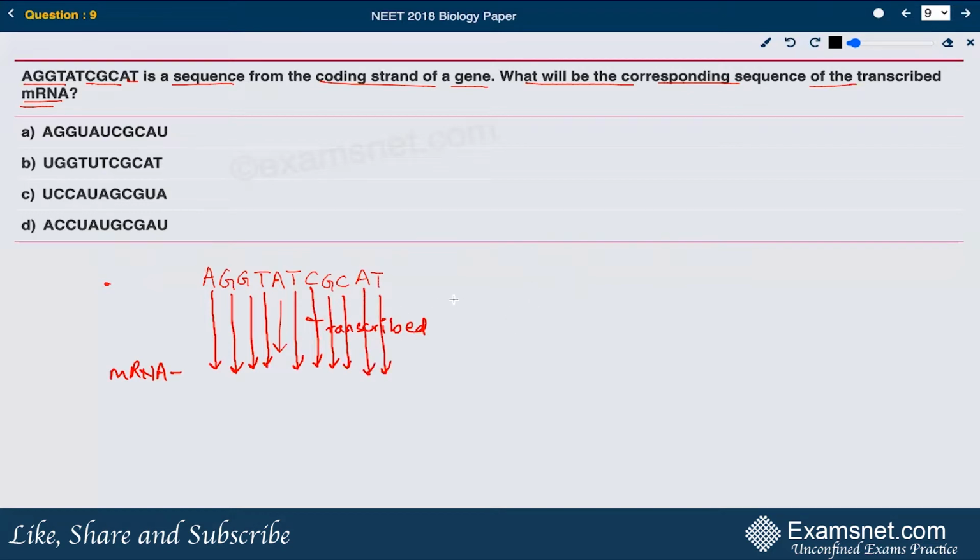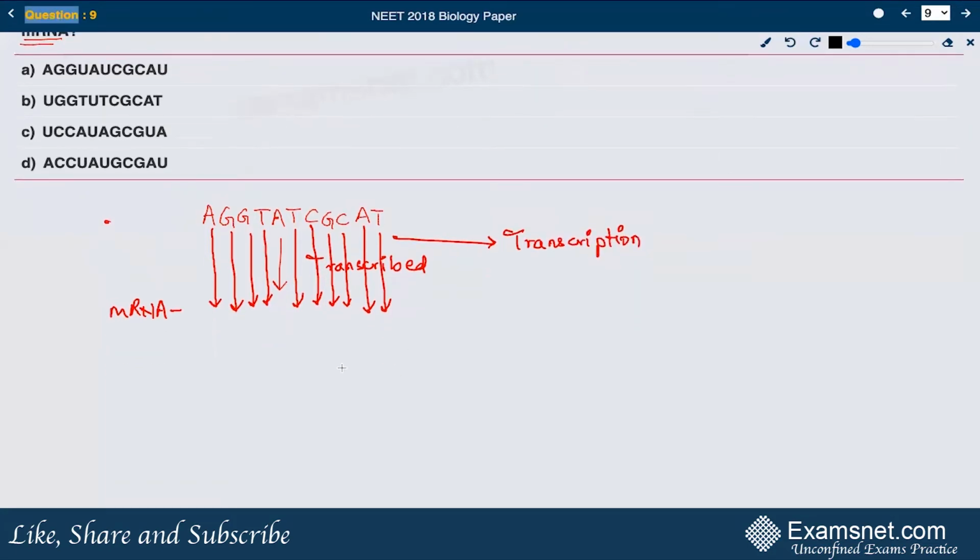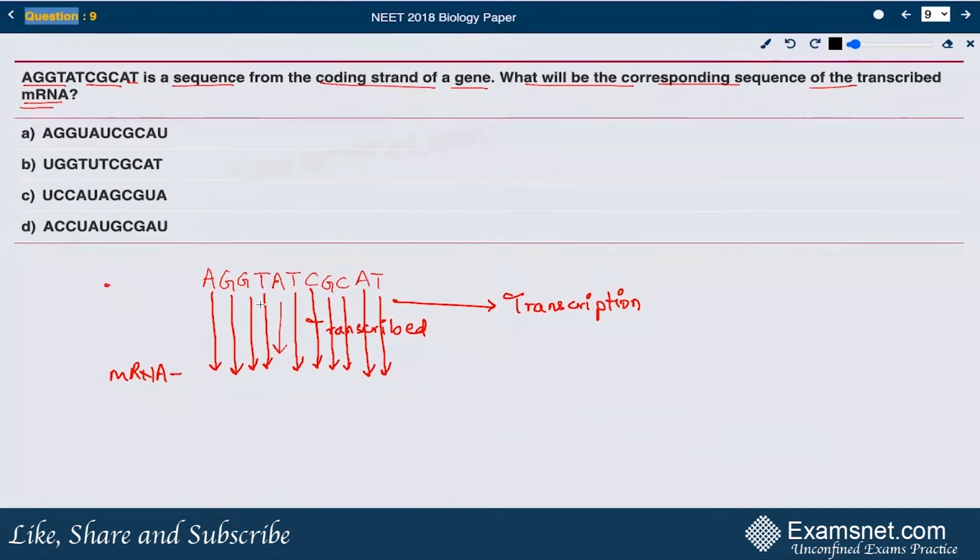So here is basically the process of transcription. So definitely this is the coding strand.